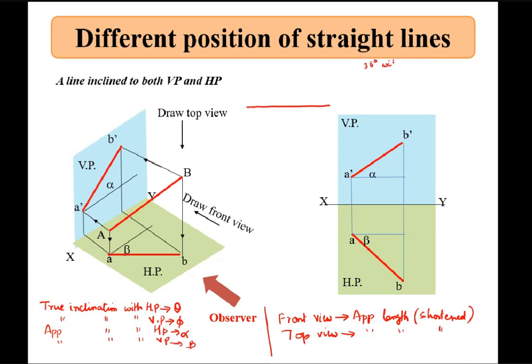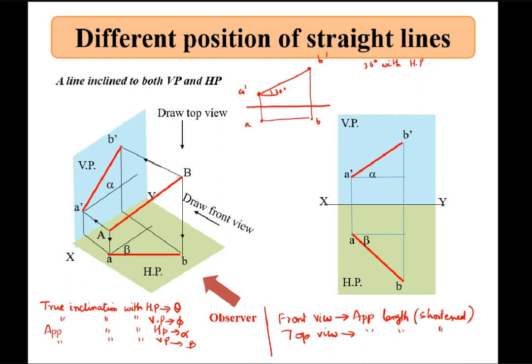So this is how it will look like. Say this is 30 degree. This is A dash and this is B dash. This is A and this is B. Right.